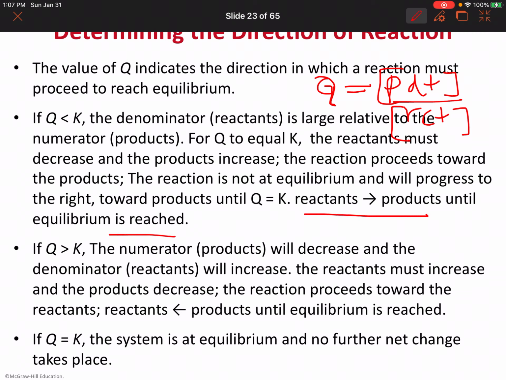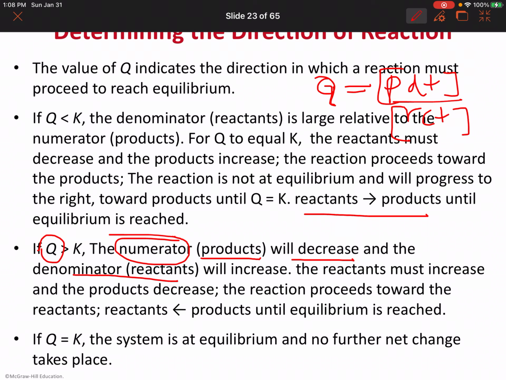Similarly, if Q is greater than K, meaning the numerator is big and you are dividing by a smaller number, then the numerator representing products should decrease and the denominator, reactants, should increase if it needs to reach equilibrium.